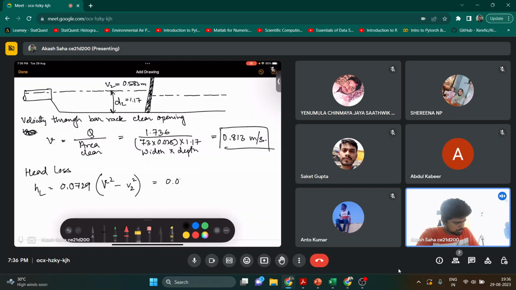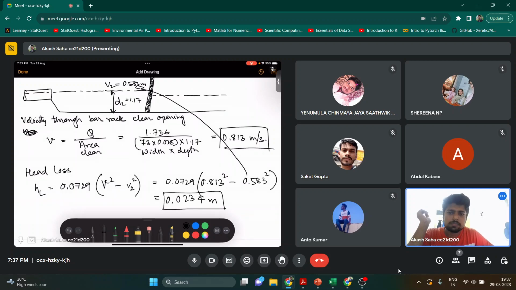So it will be 0.079 into (0.813 square minus 0.583 square). This is the same V2 that we have. So that will be equal to 0.0234 meter. So this is my head loss. So are you able to follow everyone? I hope it is fine now.